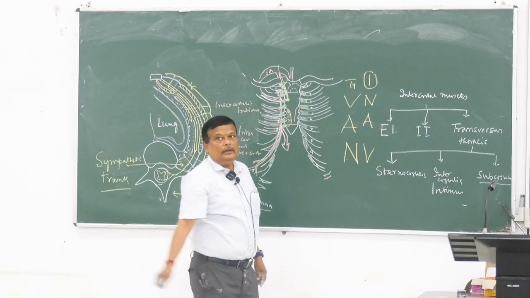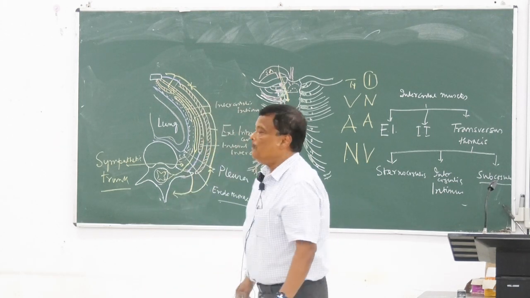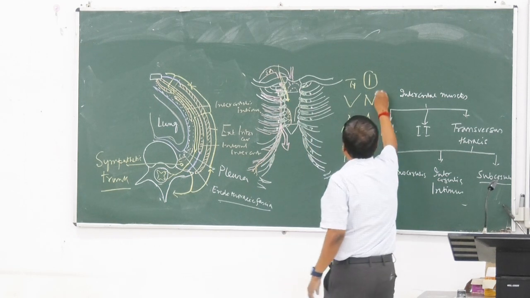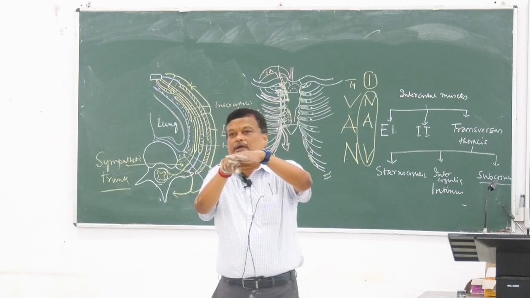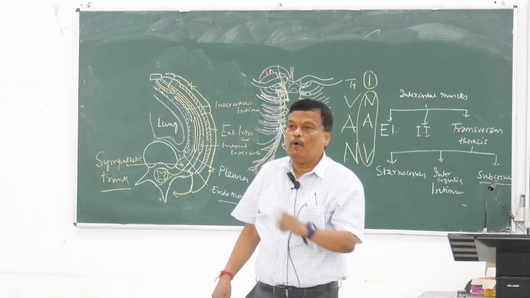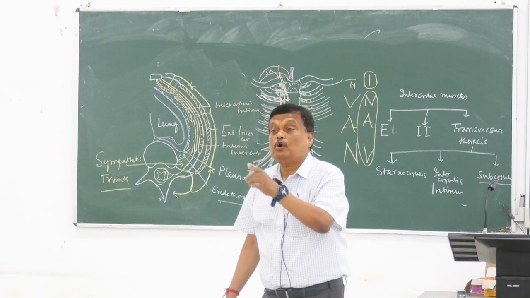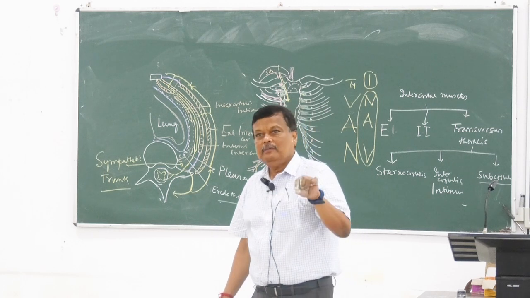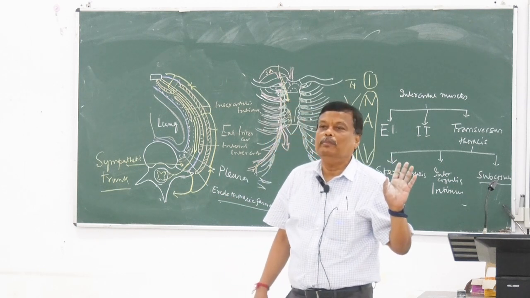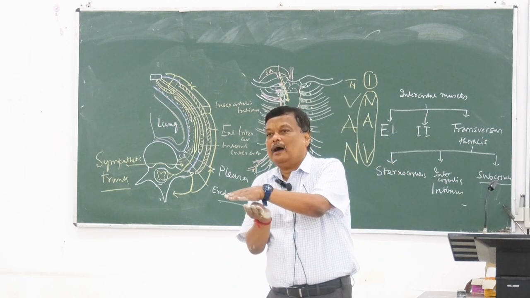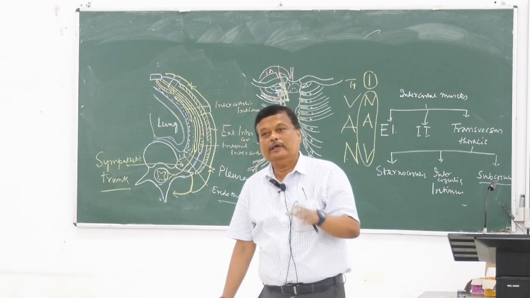Vein, artery, nerve: intercostal vein, intercostal artery, intercostal nerve is normal. But the first intercostal space is NAV: first the intercostal nerve, then the artery, then the vein. Number 4, all the typical intercostal nerves lie in the costal groove. We have read about the ribs, but in the first rib there is no costal groove. So it lies on the inferior surface of the first rib. You must write these 4 points, though many books don't have them.